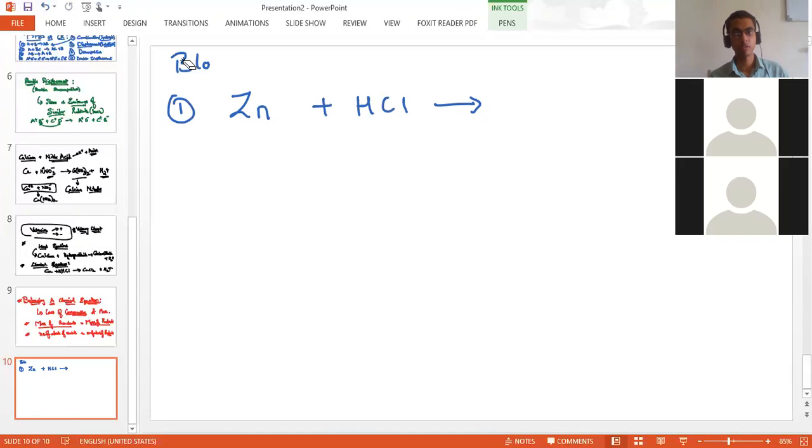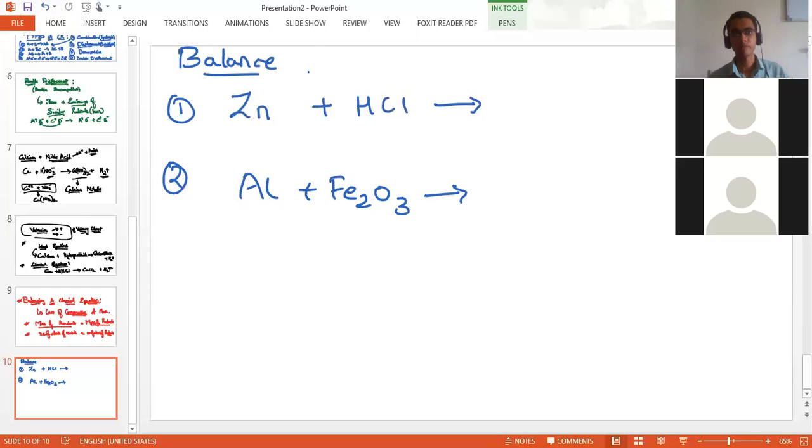The second equation is aluminium plus Fe2O3. Balance the following.